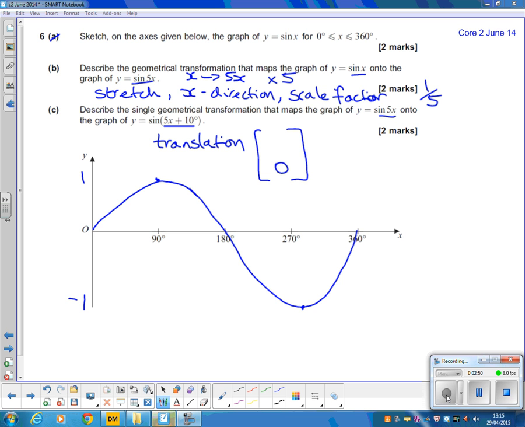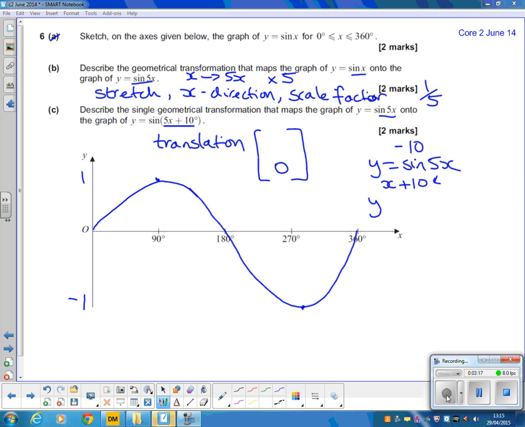What's it been translated by? Well, what's changed? We might think that it's a translation of -10. Remember, if it says +10 in the equation, the vector is -10. Well, what would happen if we do that? So we go from y equals sine 5x. When we do a translation of -10 units in the x direction, we replace x with x plus 10.